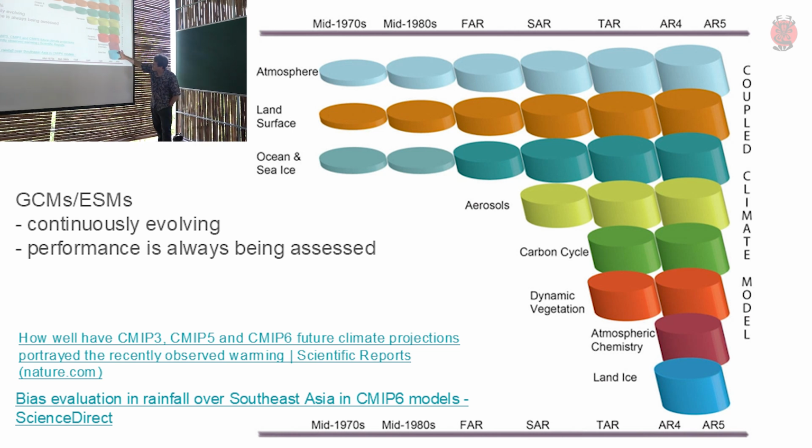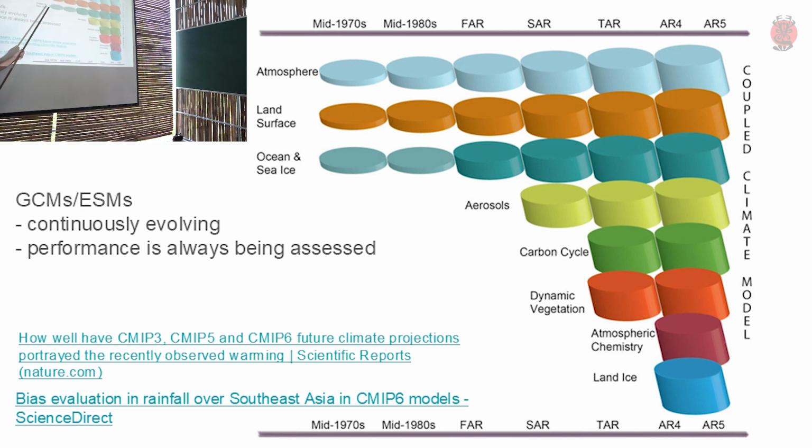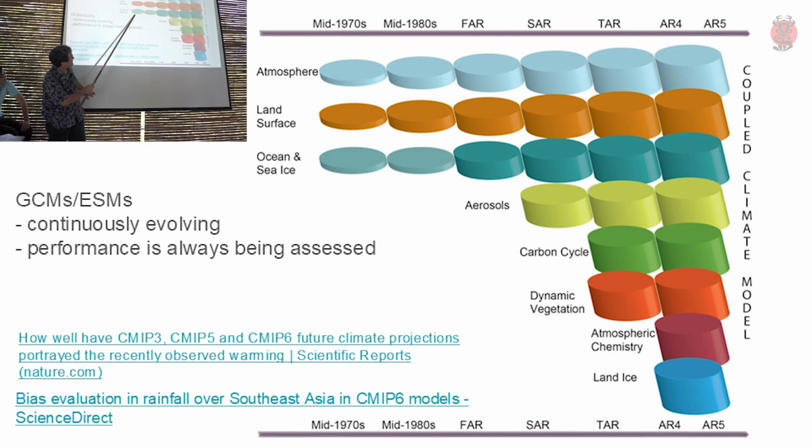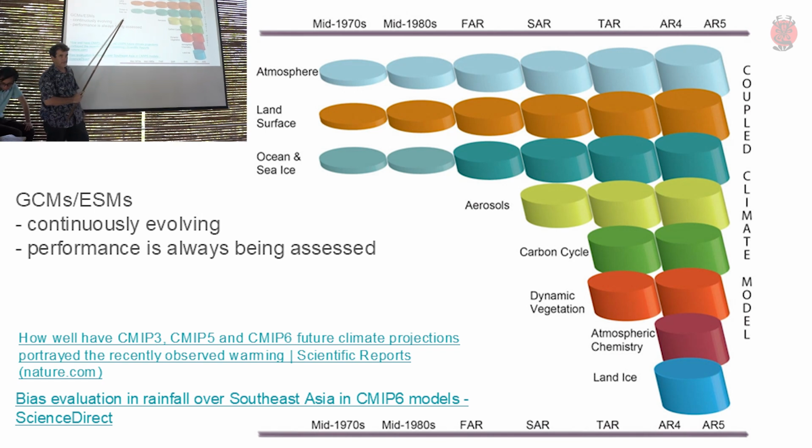The height of the column represents how many processes were being modeled at the time. So, early models were very, very simple. They did atmosphere, land surface, and ocean and sea ice. And you see there weren't many processes included in them.